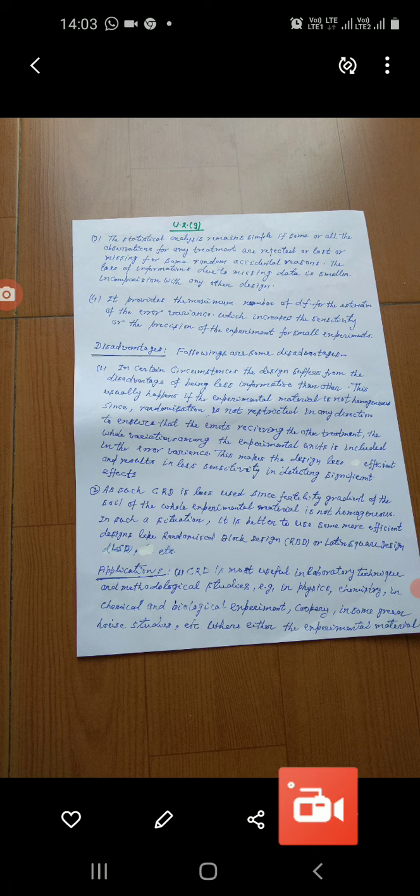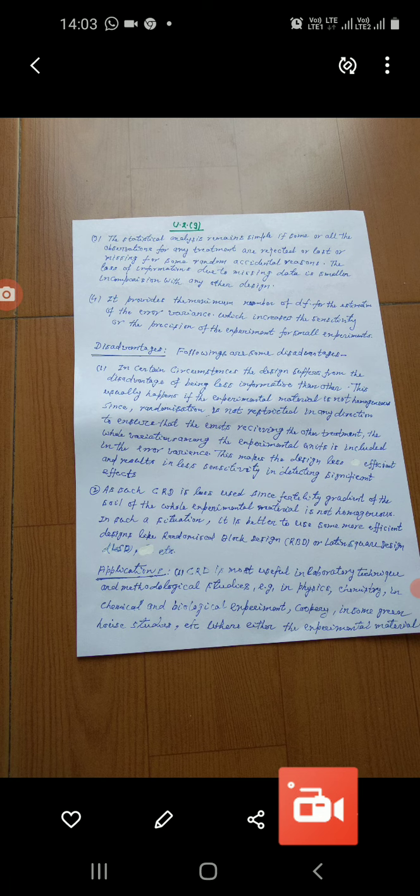Now we will discuss disadvantages. What are the disadvantages of this design? The following are some disadvantages. Number one, in certain circumstances, the design suffers from the disadvantage of being less informative than other designs.